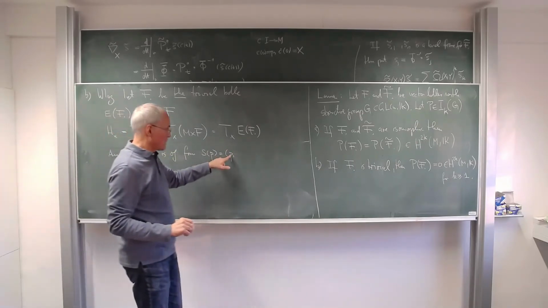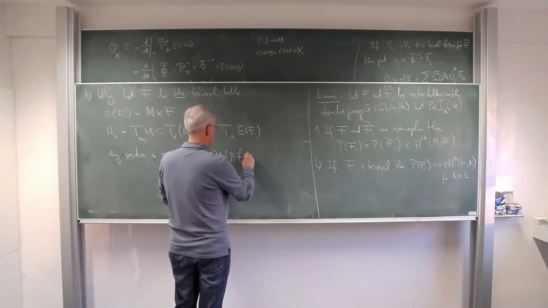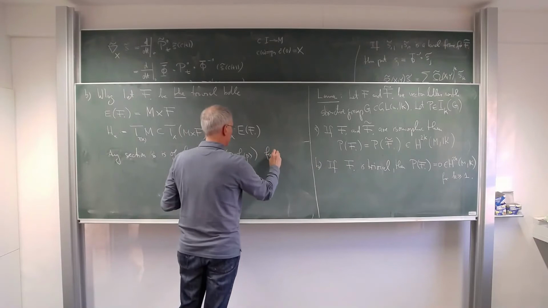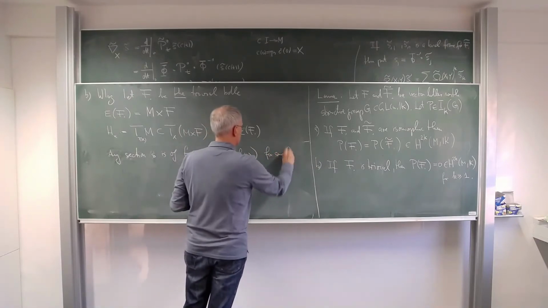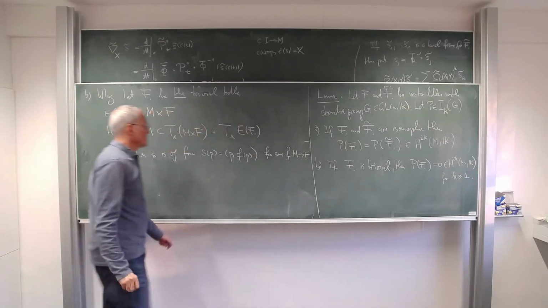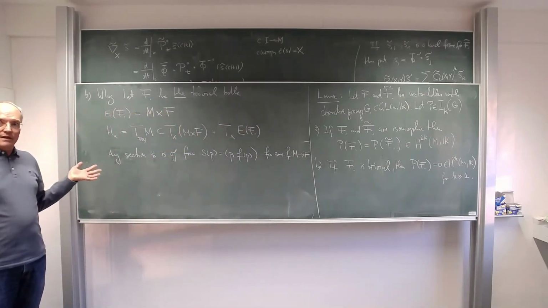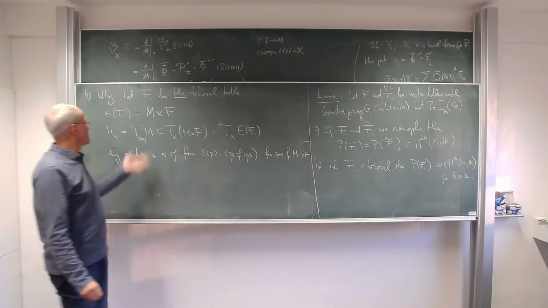So that's why we must have p in here. And here I have some function f from M to the model fiber. So in other words, sections of the trivial bundle are essentially nothing but functions from M to F.